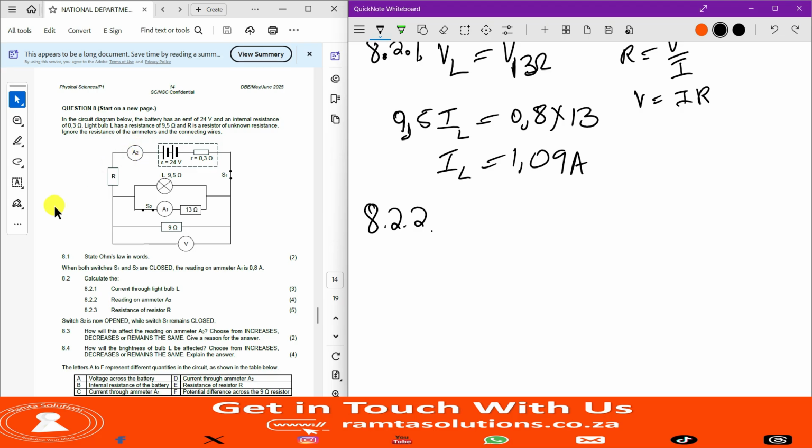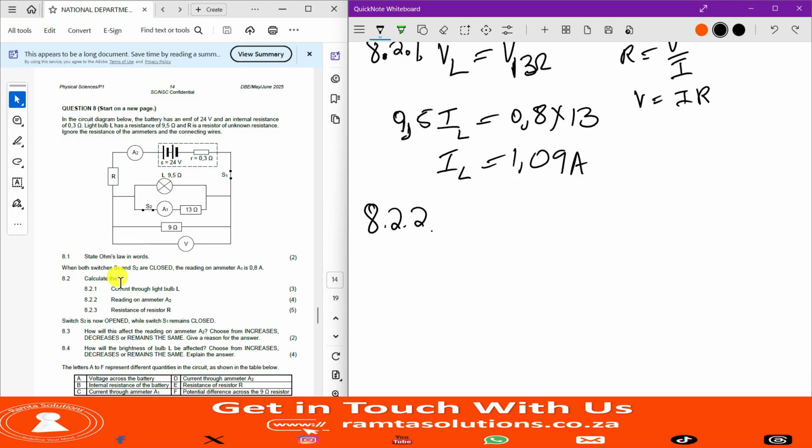So we need total ohms, or if not total ohms, at least let's get the potential difference V.